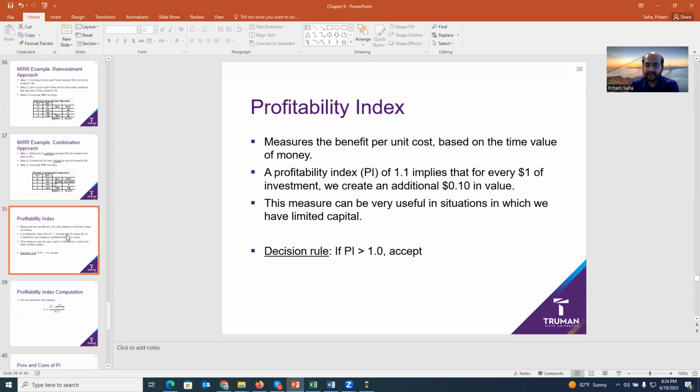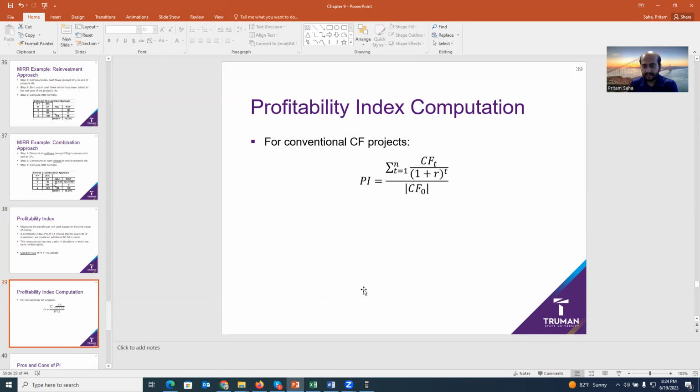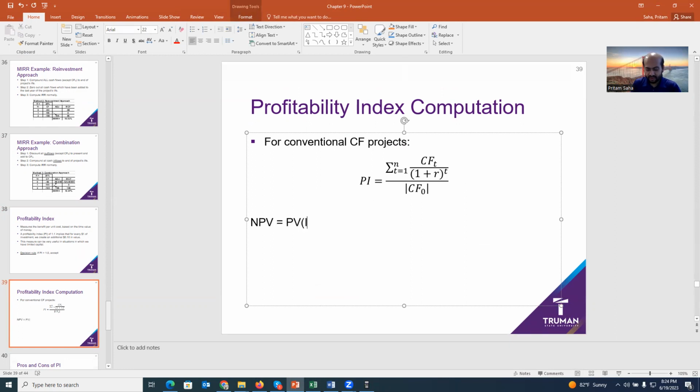Profitability index is an extension of net present value. If you remember carefully, net present value is a function of present value of inflow minus present value of outflow.